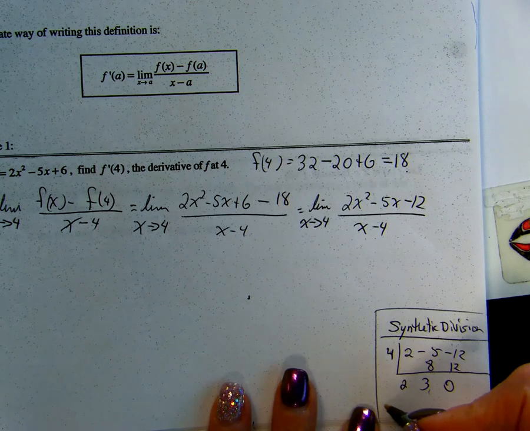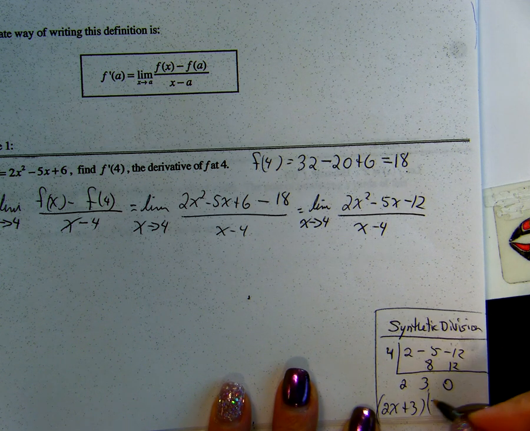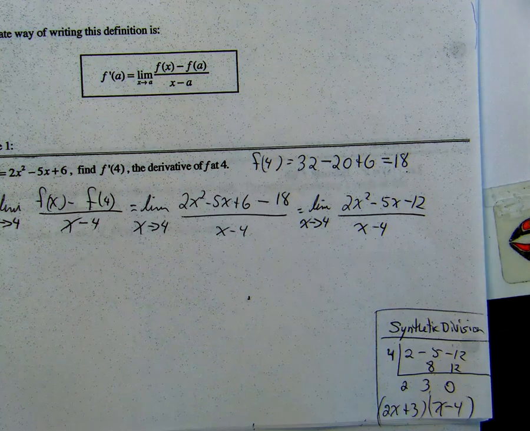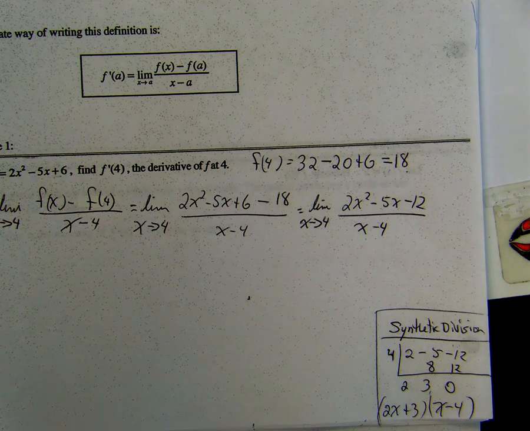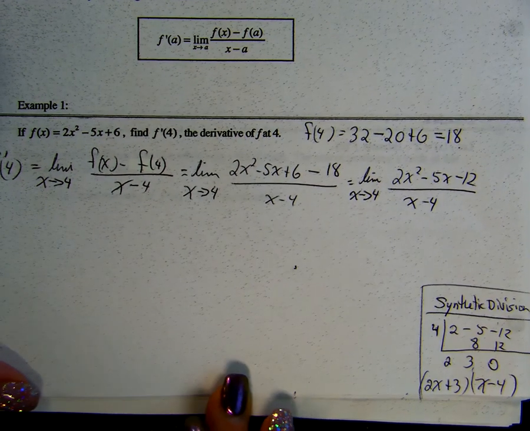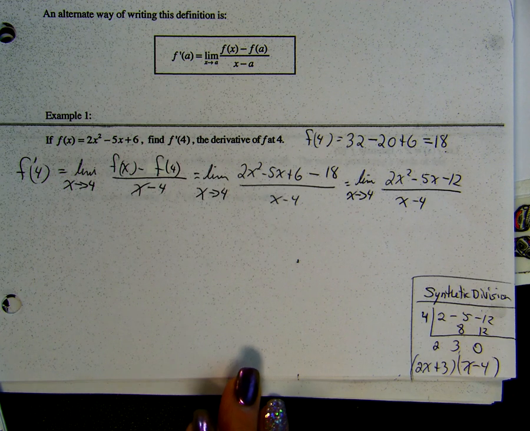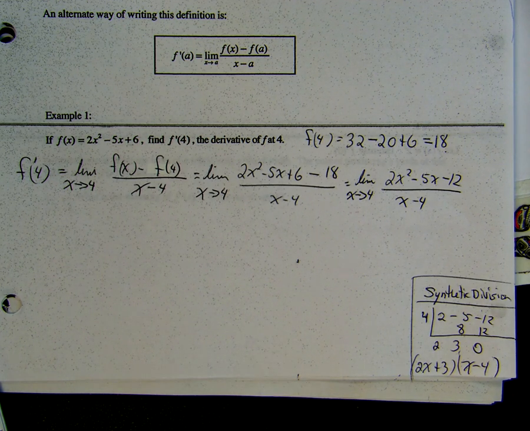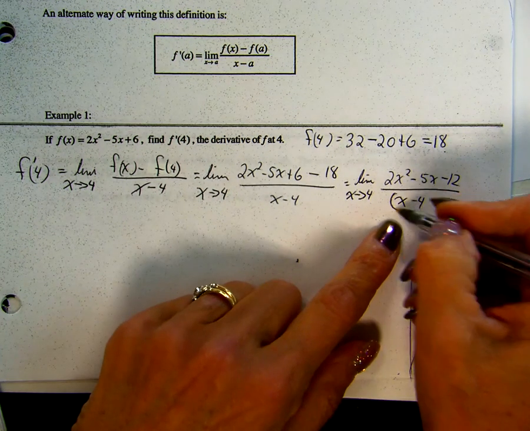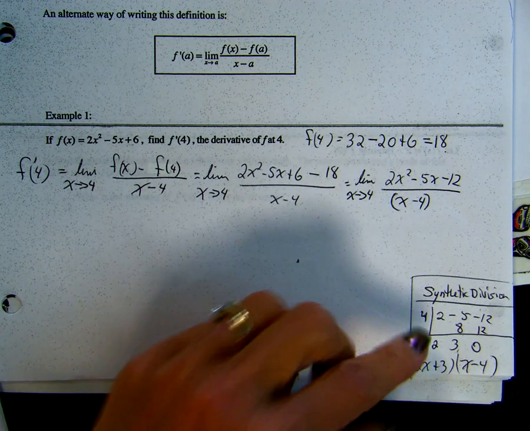What's the other factor? 2x plus 3 and x minus 4. And perhaps you could have just factored that in your head, but some of them are more complicated. So remember to use synthetic division when it helps you out, and it often does when you're doing these x approaches a definitions, because you're trying to factor out this binomial, and it gives you an idea as to whether or not that's going to work for you.